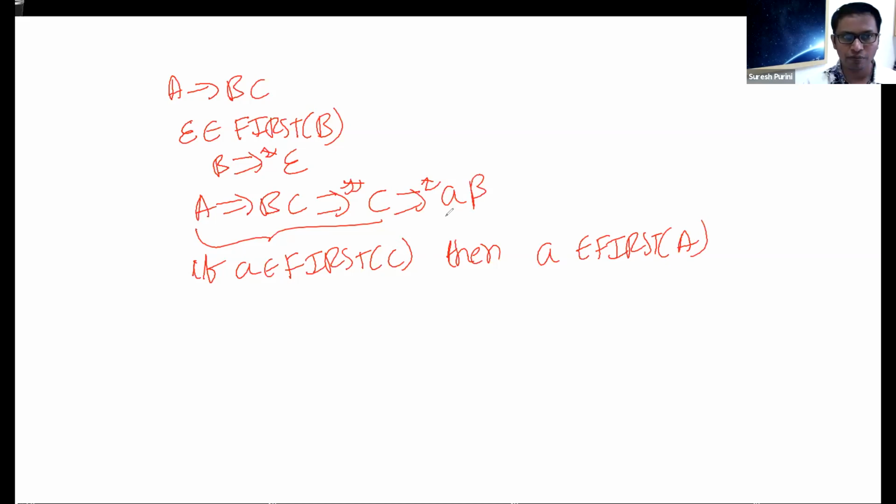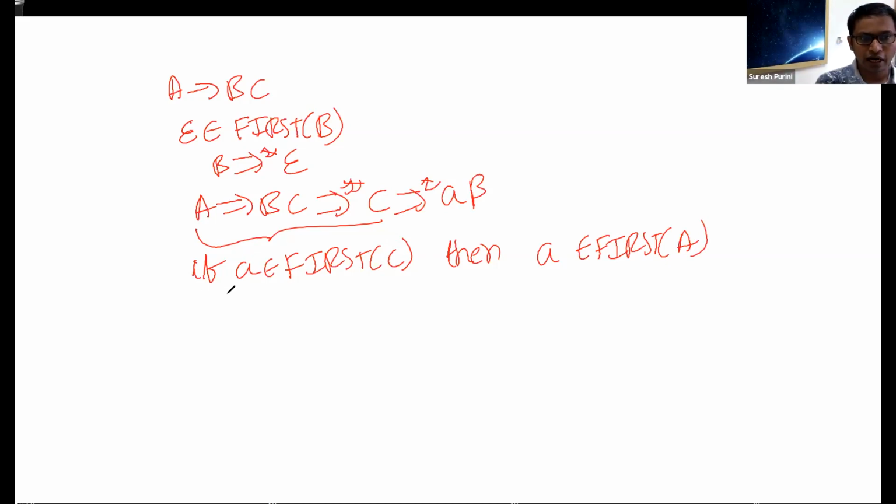That is, if epsilon belongs to first of B, then we have to consider the next symbol C also, non-terminal symbol or terminal symbol, whatever it may be.